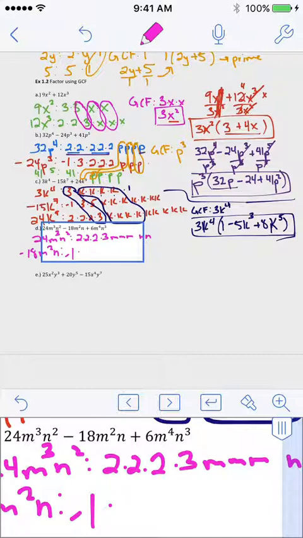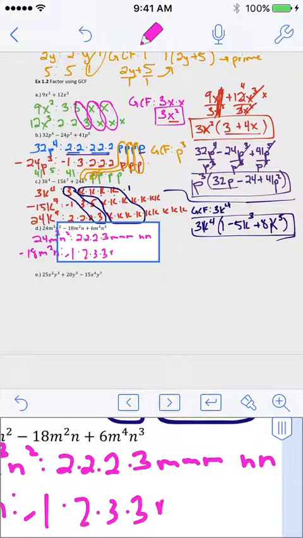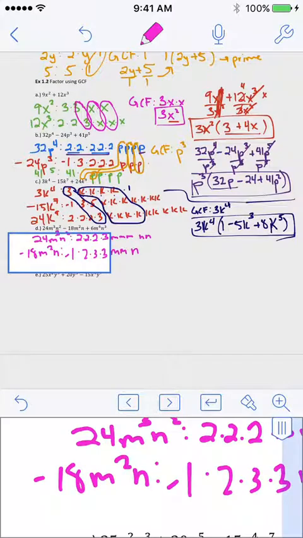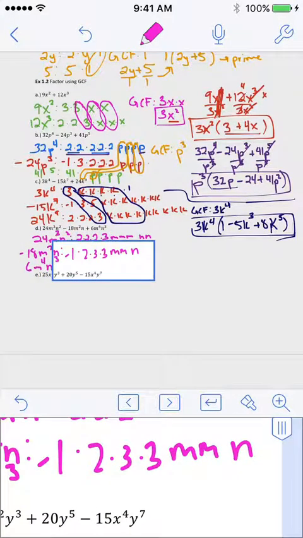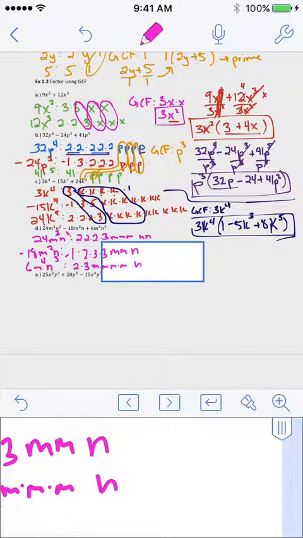Want to take out that negative part. 18 breaks into 2 and 9, or 2 times 3 times 3. And I've got 2 m's and 1 n. Lastly, I have 6m to the 4th n to the 3rd, which would be 2 times 3, m, n, n.